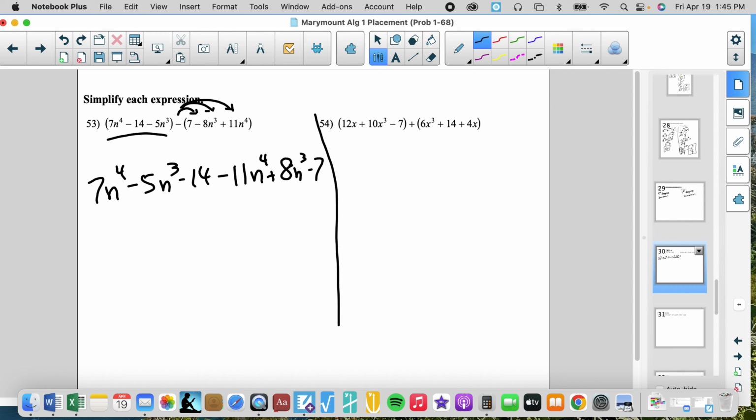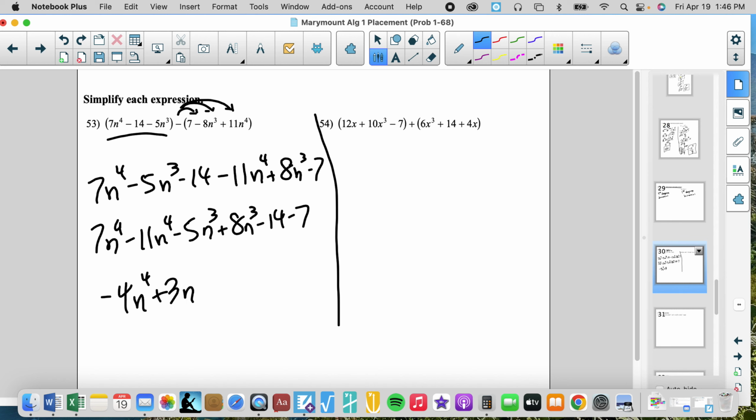And so 7n to the 4th minus 11n to the 4th minus 5n to the 3rd plus 8n to the 3rd minus 14 minus 7 gives us negative 4n to the 4th plus 3n to the 3rd minus 21 for number 53. Yes, and I like that they put in standard form.